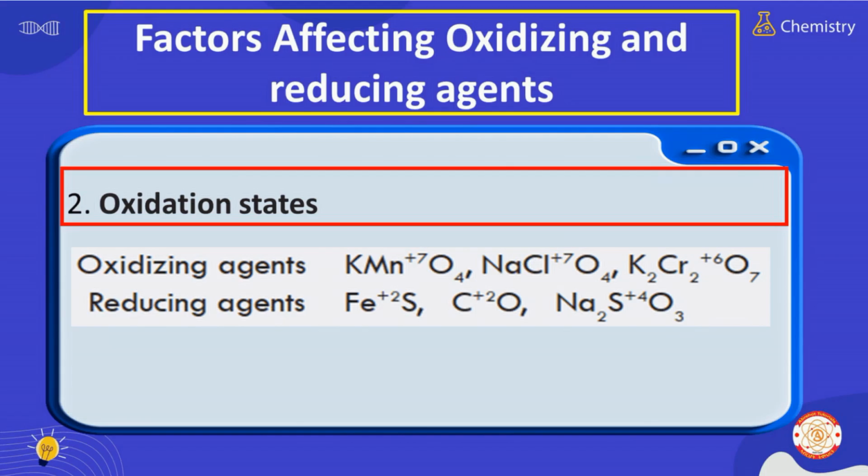Elements with higher oxidation states act as good oxidizing agents, because they really want to gain their electrons back. On the other hand, elements with lower oxidation states act as good reducing agents because they want to lose their electrons.